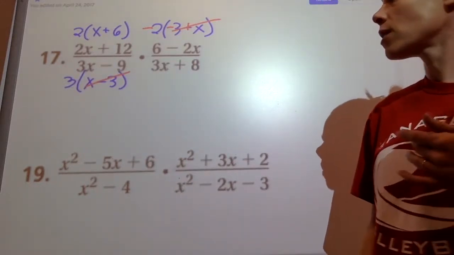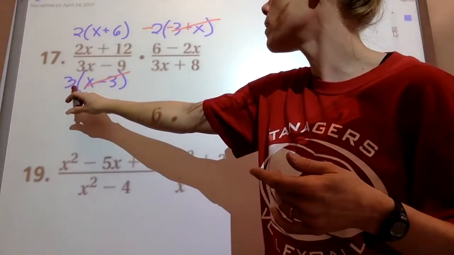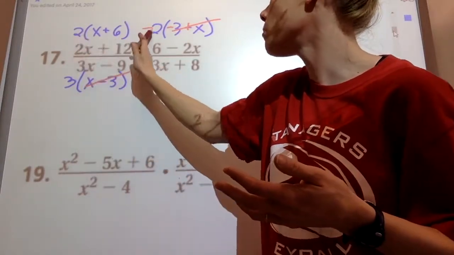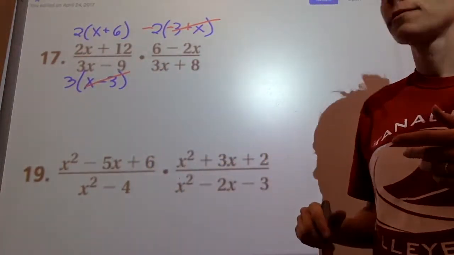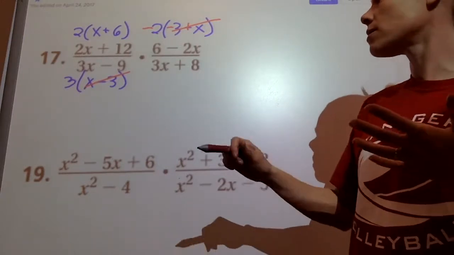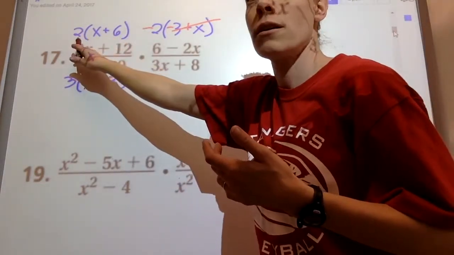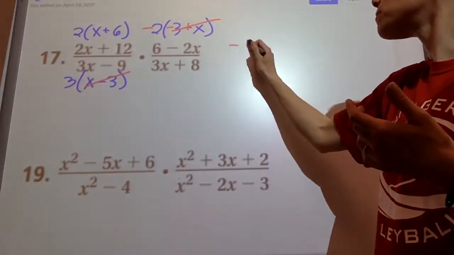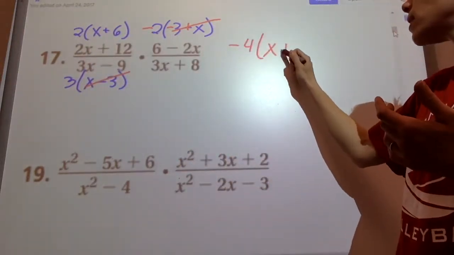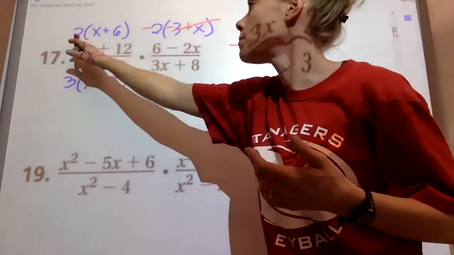Anything else I can cross off? Is there a 3 on top anywhere? Nope. Is there a 2 on bottom anywhere? Nope. Okay, so what's left on top, I would multiply negative 4x plus 6. You guys see how I got negative 4? Because you'd multiply that.